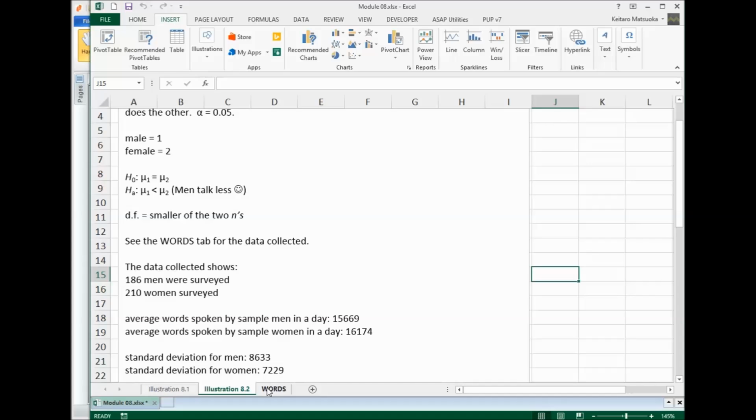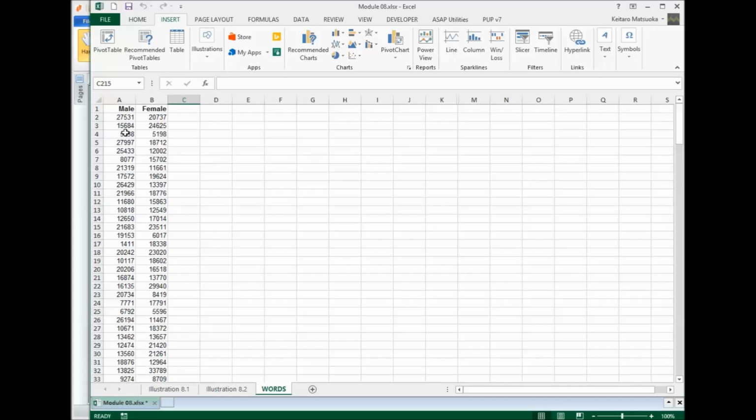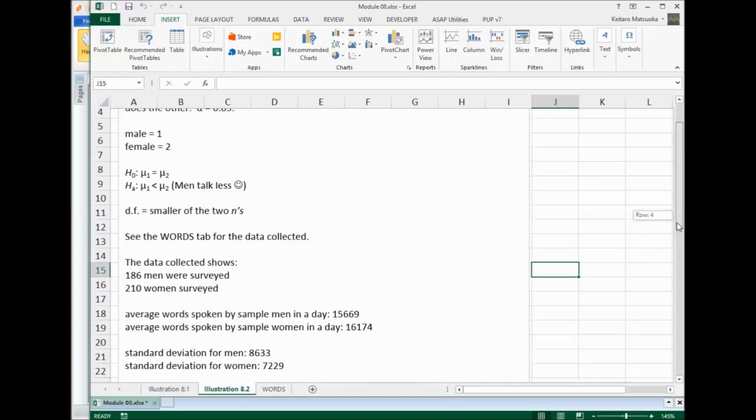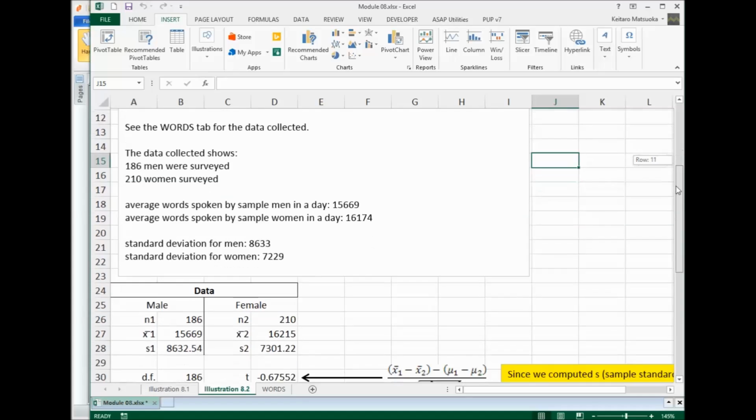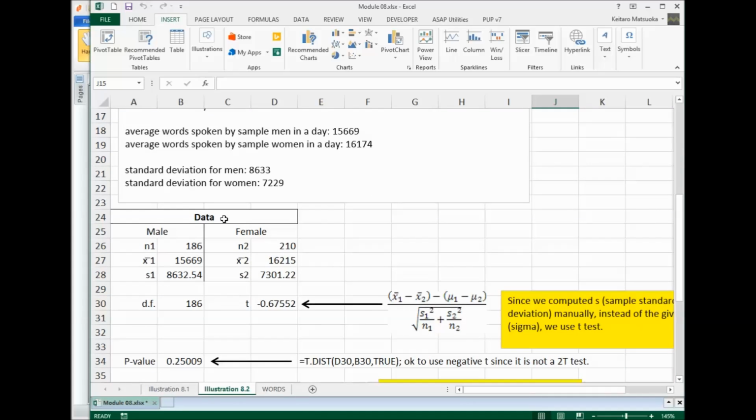So here's the data for the words. We took a sample mean of all these numbers here for the male, and then all these numbers for female. Using the data, we can calculate the sample standard deviation for men and for women, and these are the two numbers. So here's a summary of the data.